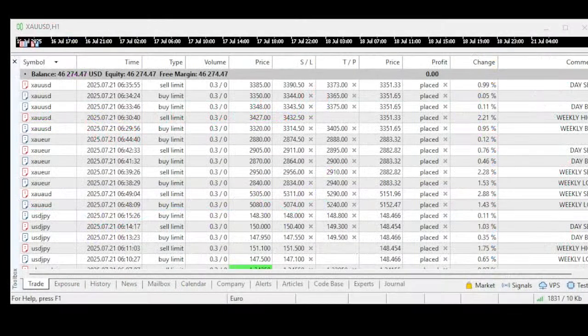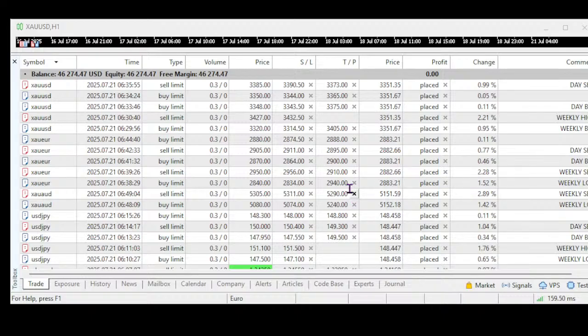So we have a day buy. Okay, day buy order. Gold Aussie 5140. Stop 5134. TP 5174.